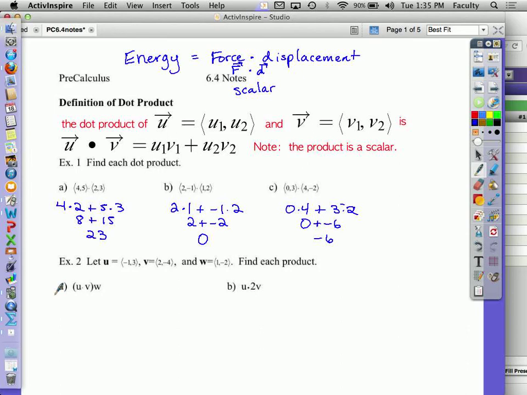All right, so here we go. Let me try that again. I'm going to take vector u, which is negative 1, comma 3, and do a dot product with v. I'm going to take that result, which is going to be a scalar.